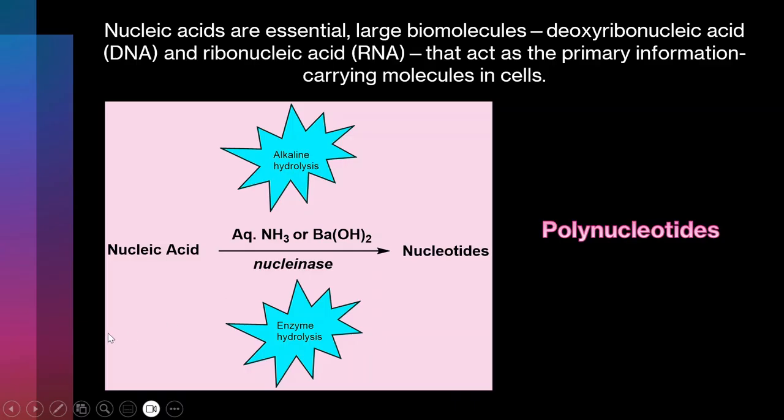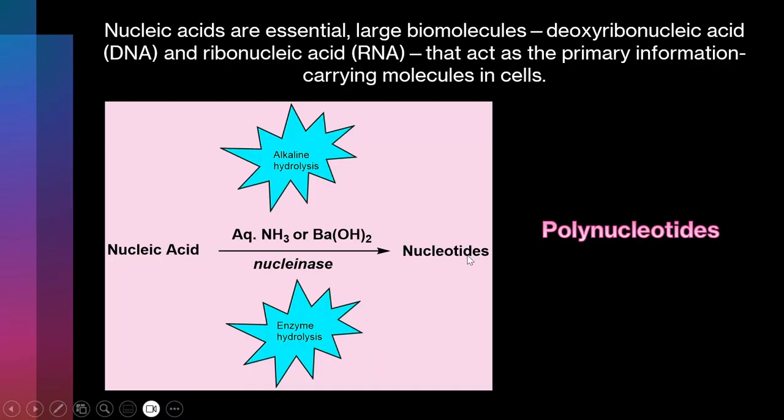Now, nucleic acid, on undergoing alkaline hydrolysis in the presence of aqueous ammonia or barium hydroxide, or enzyme hydrolysis in the presence of the enzyme nuclease, gives what is known as nucleotides.